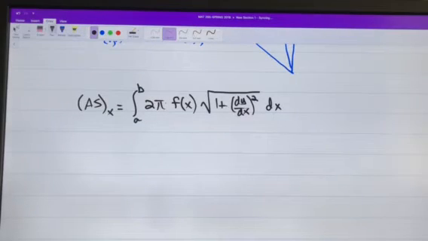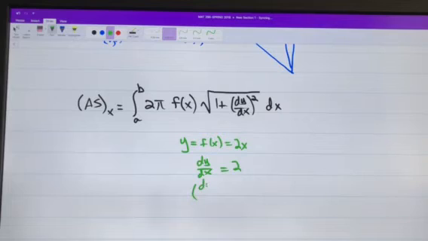And just to start us off, again we have y is equal to f of x is equal to 2x. Taking the derivative, dy over dx is equal to 2, and the square of the derivative is going to be equal to 4.